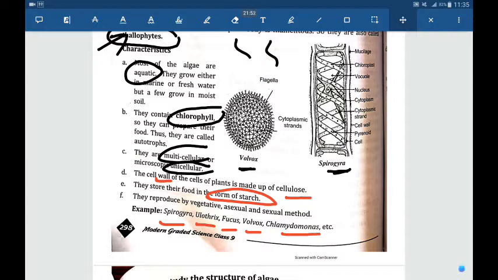Examples are Spirogyra, Ulothrix, Fucus, Volvox, Chlamydomonas. Dear students, have you understood? Please write down. You have pen and paper with you, right? It must be written.